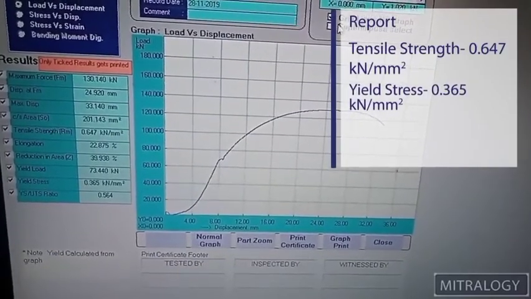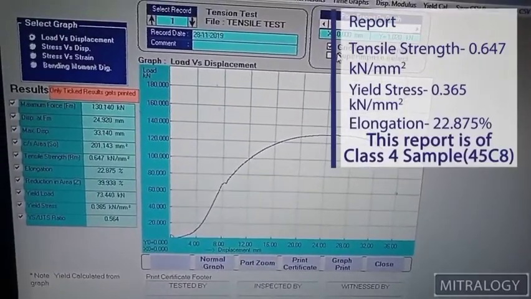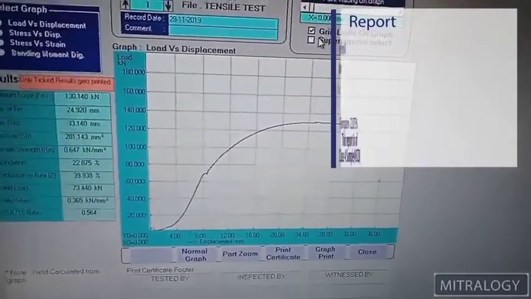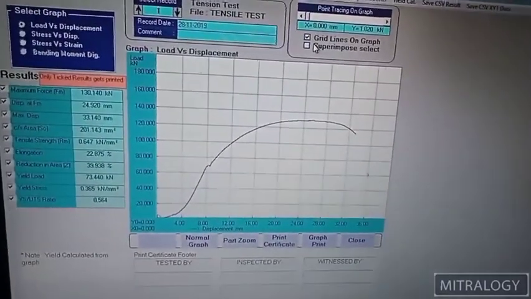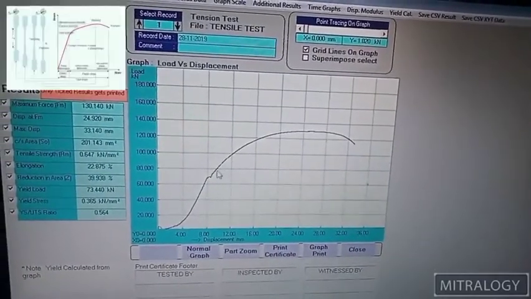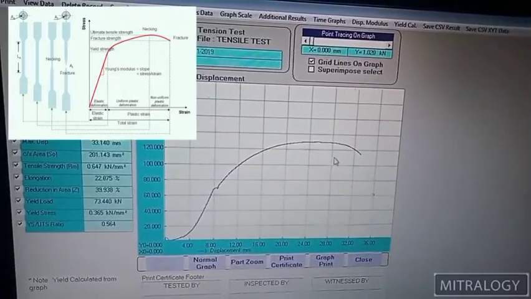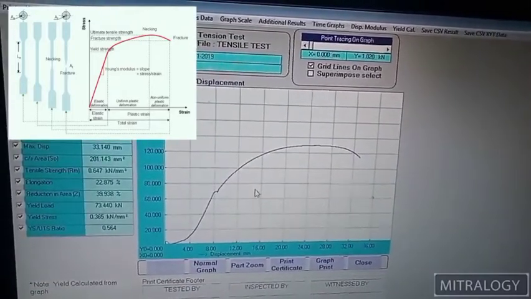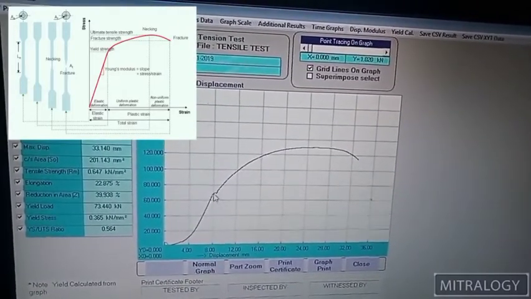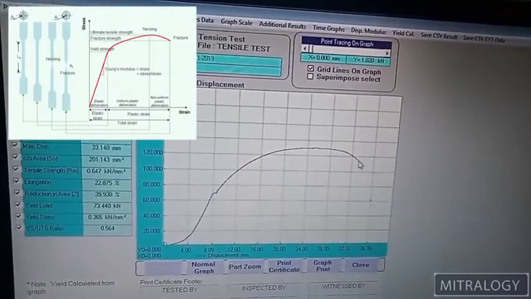And the elongation is 22.875%. This is the report, and you can see the elongation is there, and there is yield strength, and there is tensile strength. Okay.